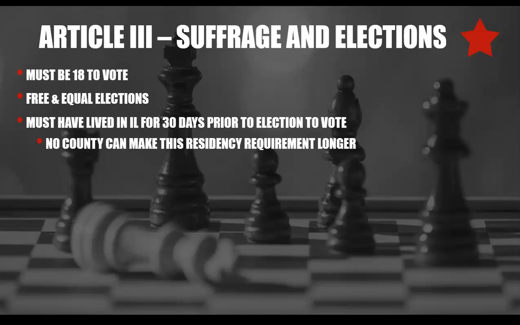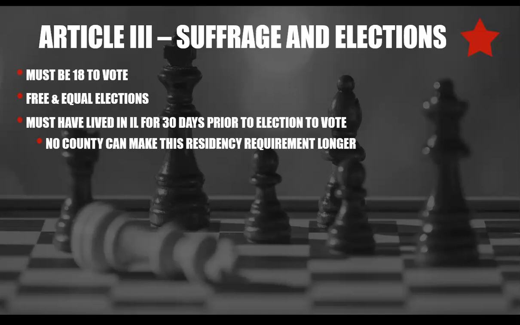So they can't require you to have lived in Illinois for, say, 40 days. They can't say you have to have lived there for a year. What they can do is they can shorten it. They can say you only have to have lived here for 2 weeks in order to vote in the election. You're fine. So that's the only caveat there: the county can shorten the residency requirement.